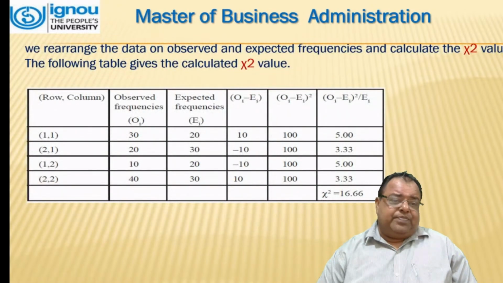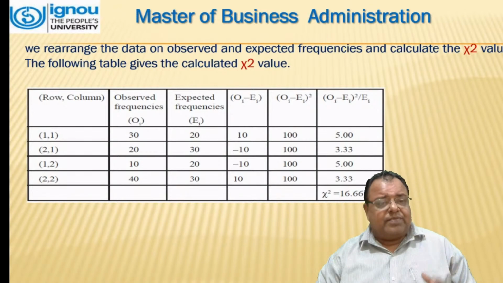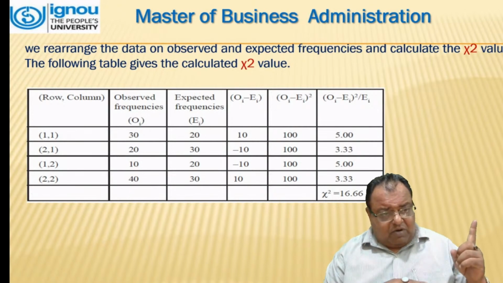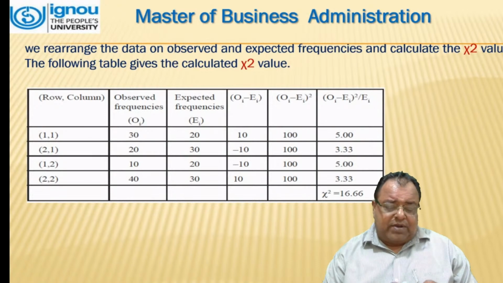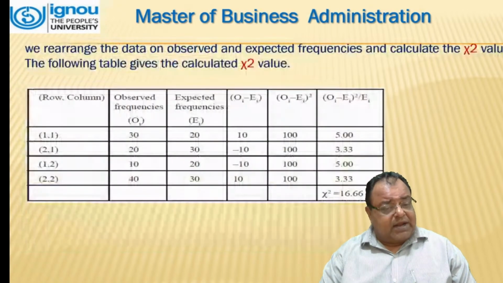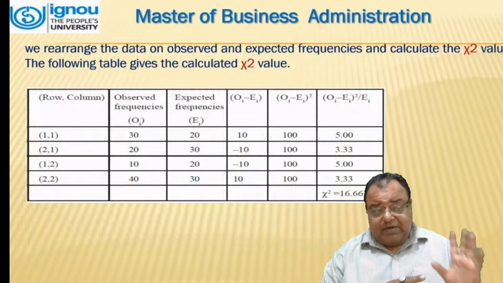We arrange the data of the observed and expected frequencies and we calculate chi-square. This following table is drawn for row 1, column 1. The observed frequencies were 30, 20, 10, and 40.